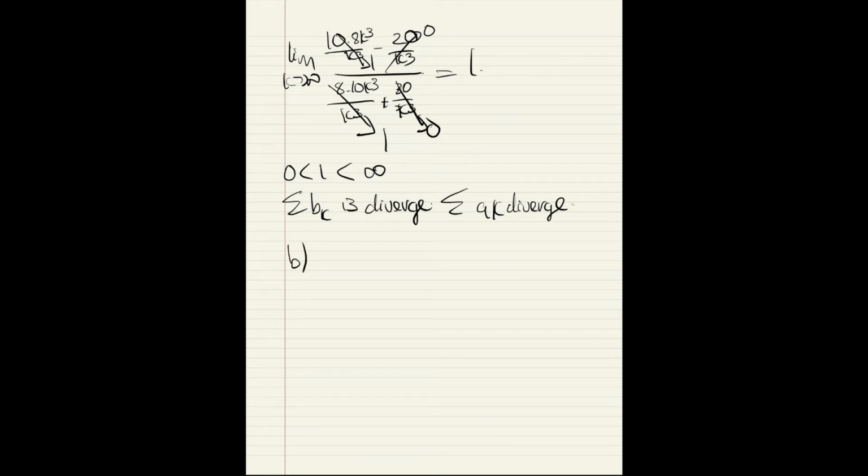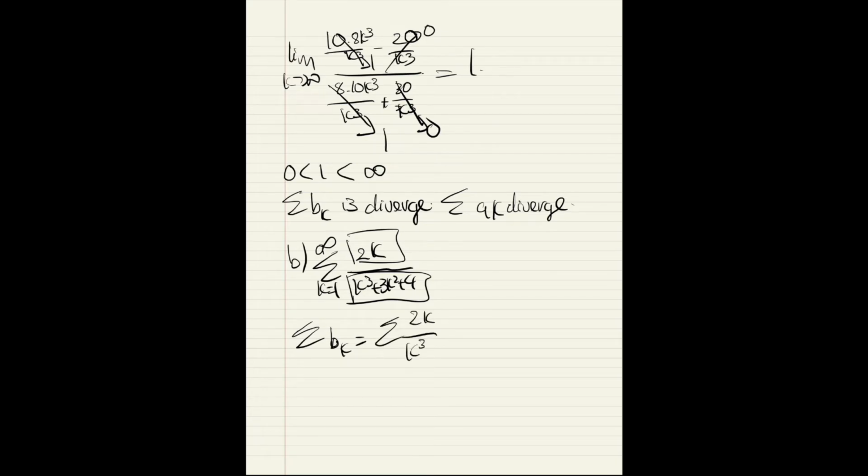Another question is the series from k equals 1 to infinity of k over (k^3 + 3k^2 + 4). Using the highest exponent in here and here, we have the series of b_k equal to the series of 2k over k^3. This kind of series is simple.